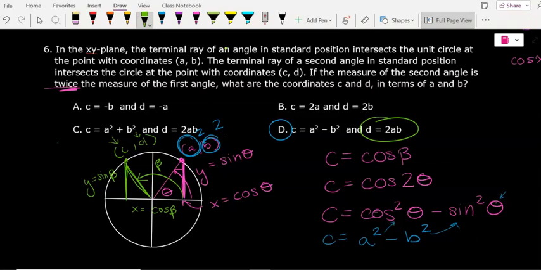Same thing for the y value. I must know that if it's on my unit circle, it's going to give me a radius of 1, and therefore my sine of whatever the angle is going to equal the y coordinate. The y coordinate and the sine of the angle are the same, just like the x coordinate and the cosine of the angle are the same when it's on the unit circle.